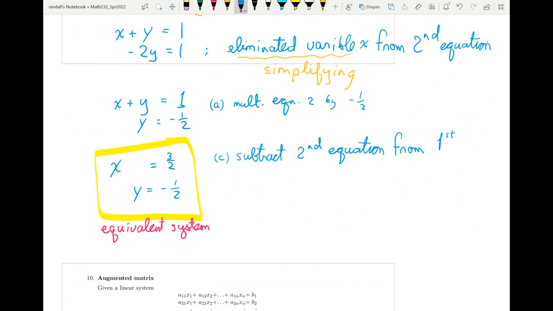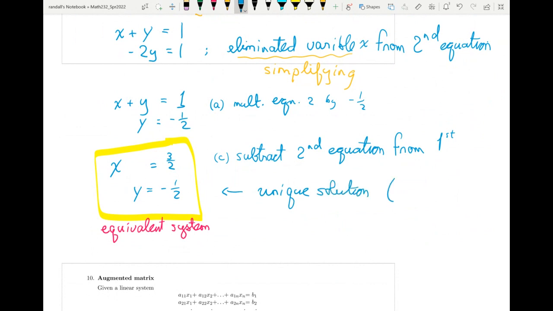The simplest form of a system of linear equations is when the solution is explicitly given to you. And that's what we're aiming for when we do this process of manipulating systems of equations through these rules that were listed above. We're trying to get them into a form where we can see what the solution is. So now, finally, I see that there's a unique solution. And there it is.